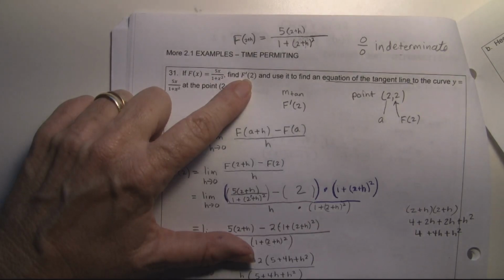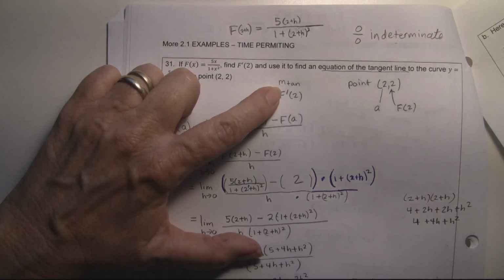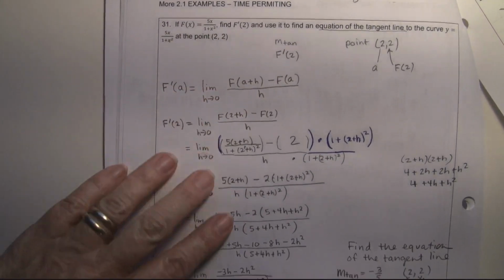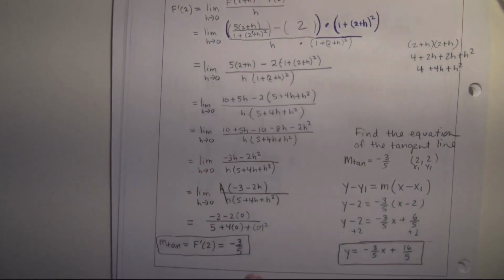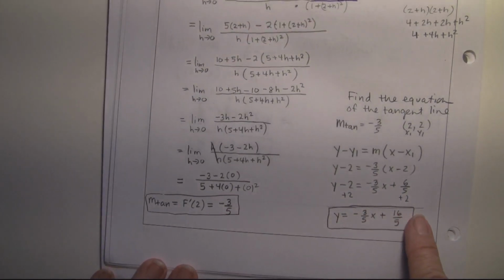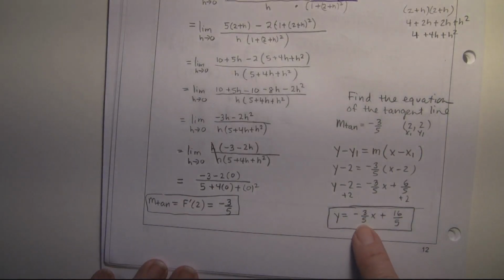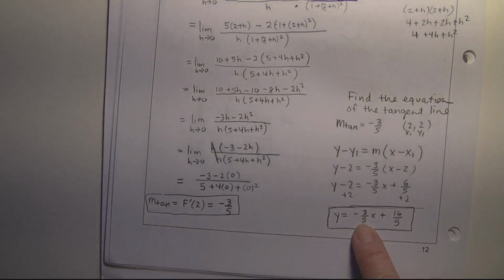And you and me, we said that's the same as the slope of the tangent line. And then we did all this work, and we found this number for the slope of the tangent line, which was f prime at 2.